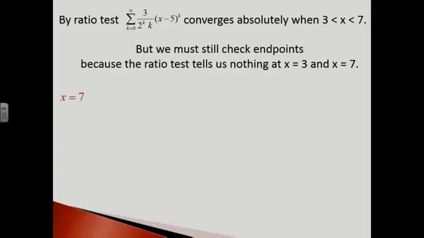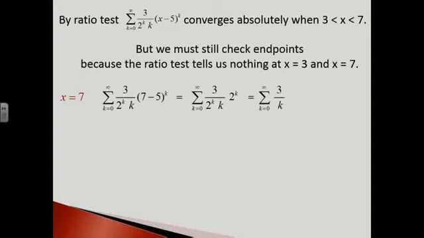When x equals 7, the series becomes sigma k equals 0 to infinity of 3 divided by (2 to the power of k multiplied by k), multiplied by (7 minus 5) to the power of k, which equals sigma of 3 divided by (2 to the power of k multiplied by k), multiplied by 2 to the power of k. Reducing 2 to the power of k yields sigma of 3 divided by k. This is a p-series with p equals 1, so it diverges.